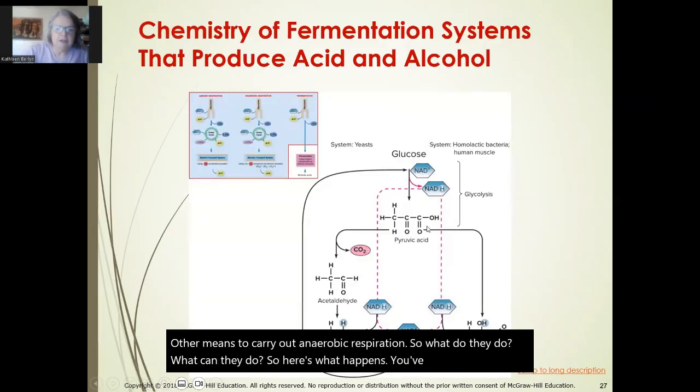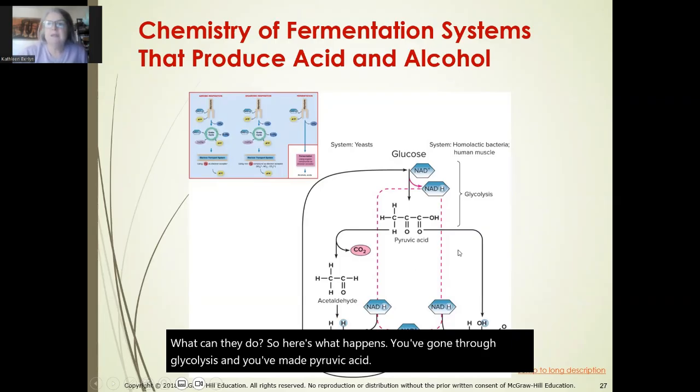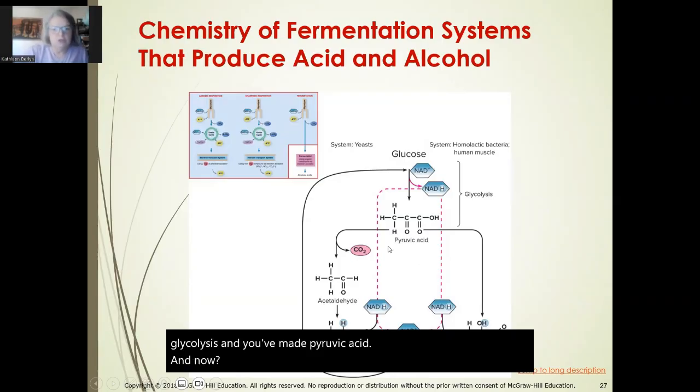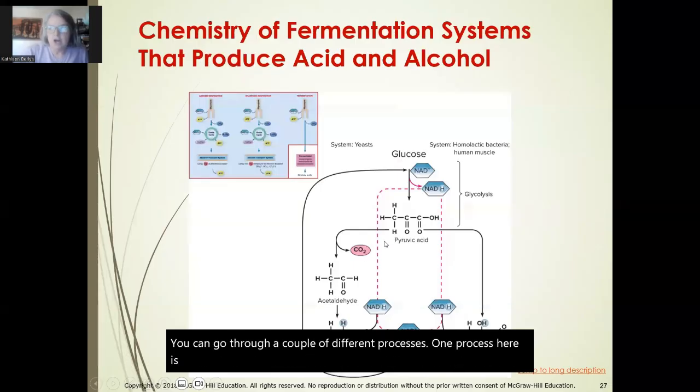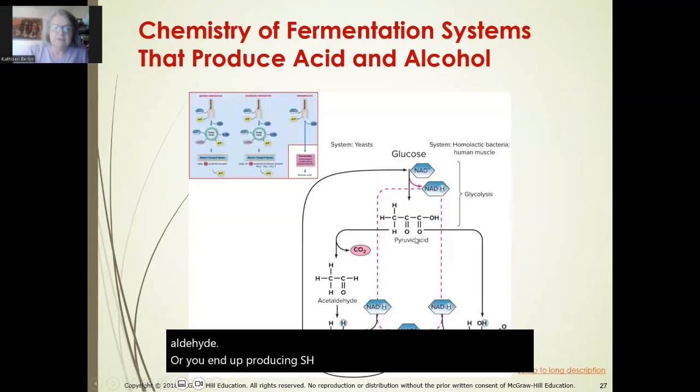You've gone through glycolysis and you've made pyruvic acid. And now you can go through a couple of different processes. One process here is alcohol fermentation, where you end up producing acetylaldehyde from the pyruvic acid as well as CO2.